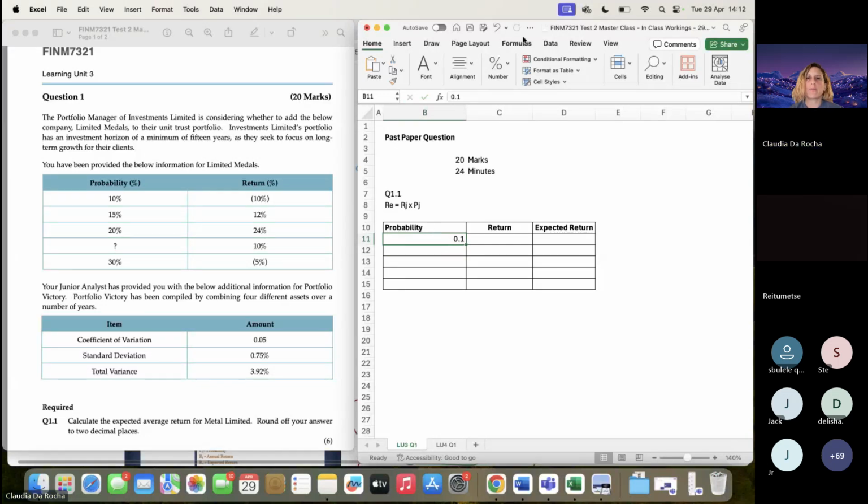Yes, I like to do my probabilities in decimals.